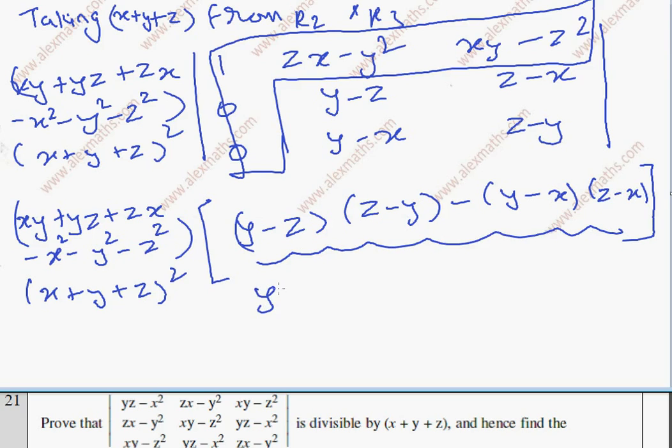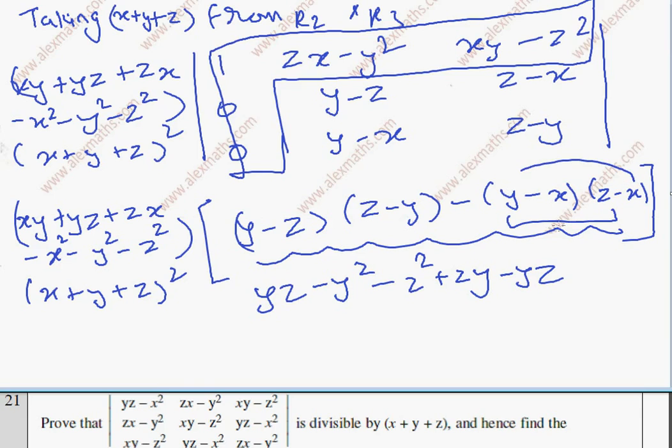It will be yz minus y square minus z square plus zy. Then this is yz, so minus yz. Then this will be minus xy, so plus xy, because outside there is a minus sign, I am including that here itself. Then minus xz, so plus xz, then plus x square, so minus x square.